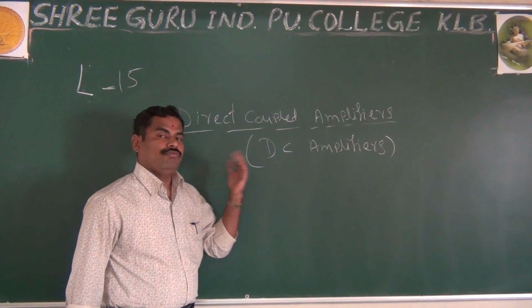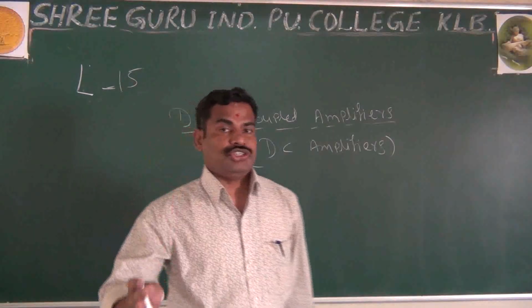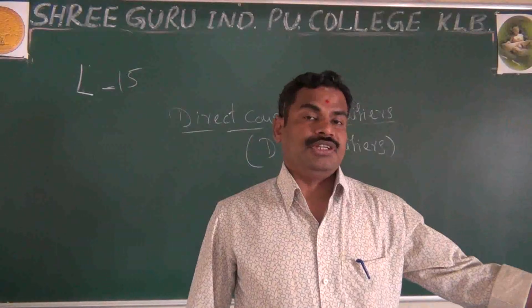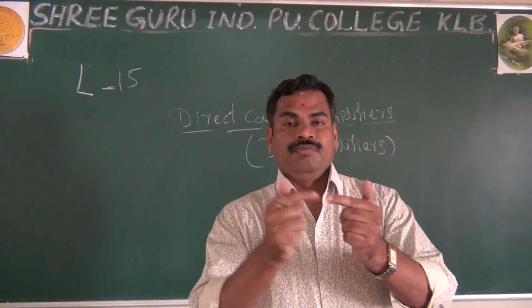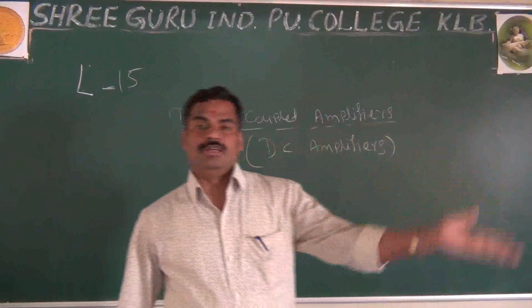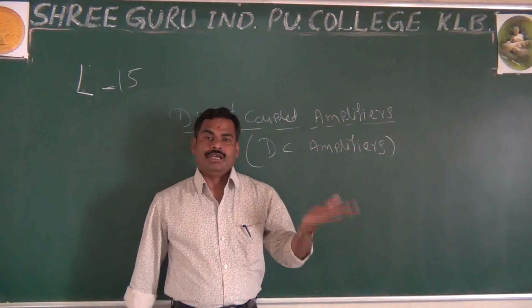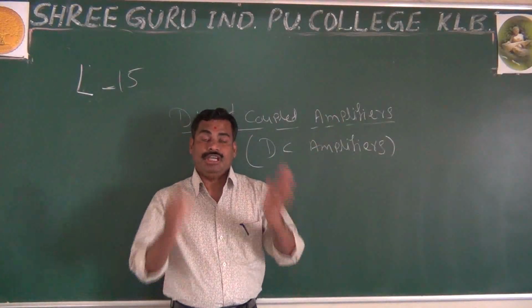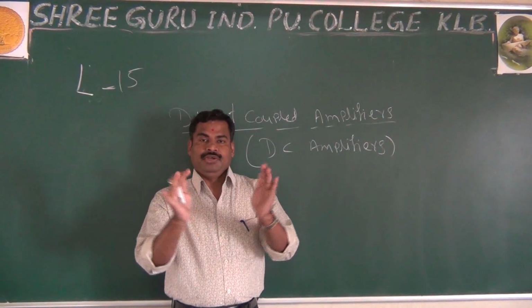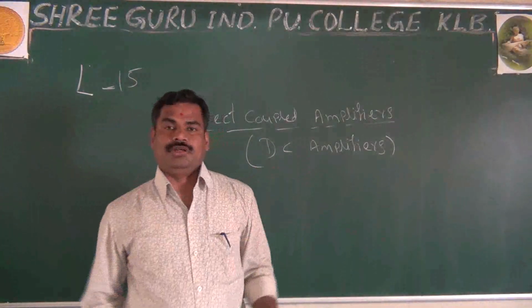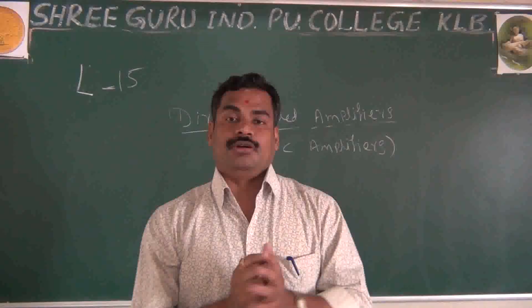It means the first stage output acts as the input for the next stage, directly. We are not using any capacitor or transformer in between the two stages. If you use R and C, that is RC coupled. If you use a transformer in between, that is transformer coupled.